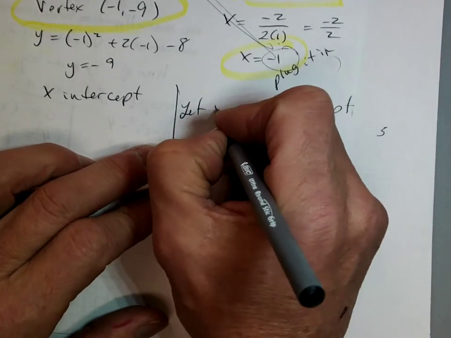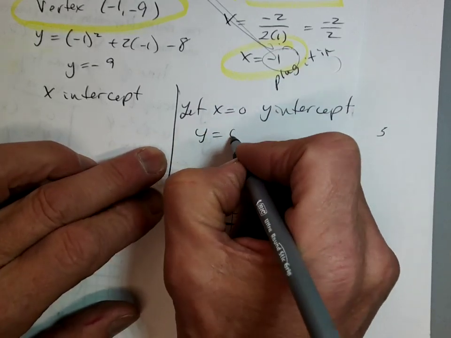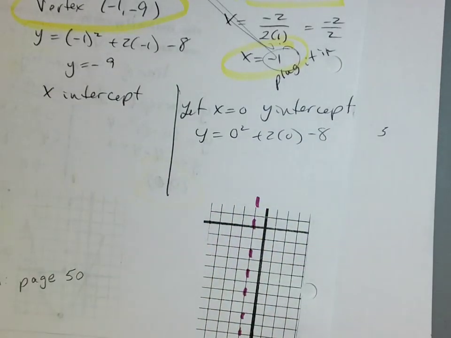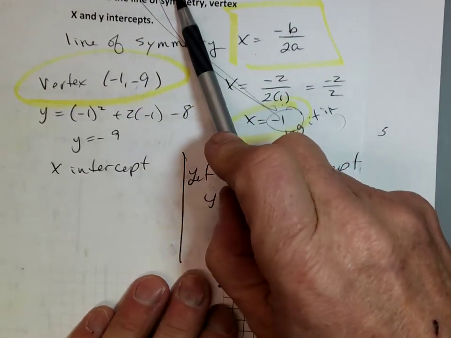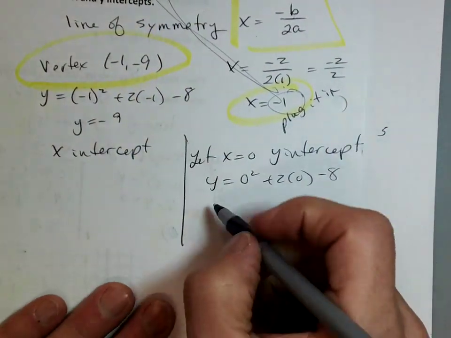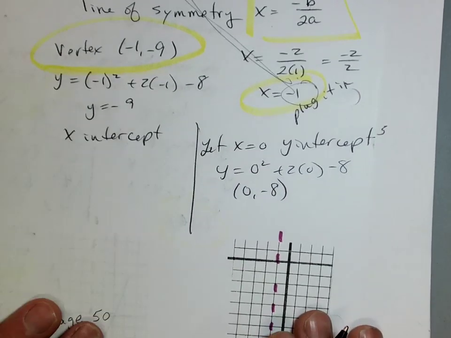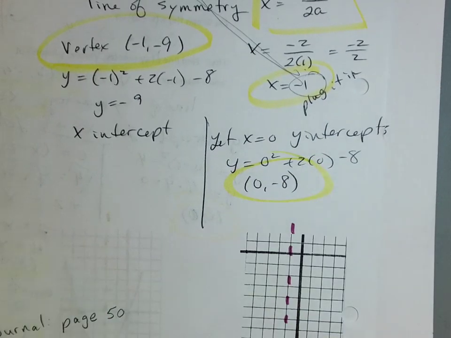So y equals 0 squared plus 2 times 0 minus 8. That's pretty easy: negative 8. But we already knew it was going to be negative 8 because of the negative 8 here. So I've got a point at 0, negative 8 for my y-intercept. Awesome.